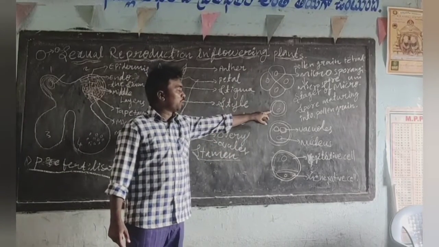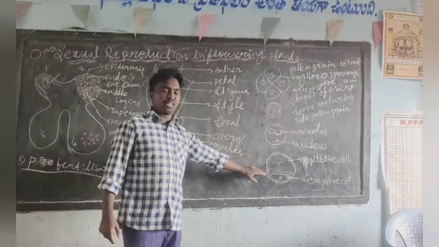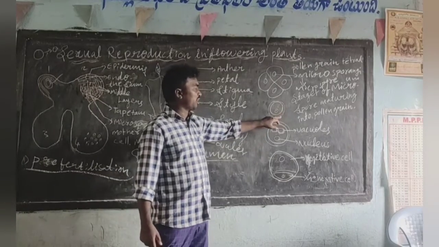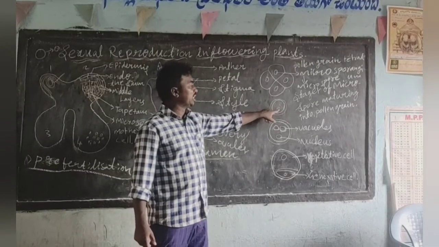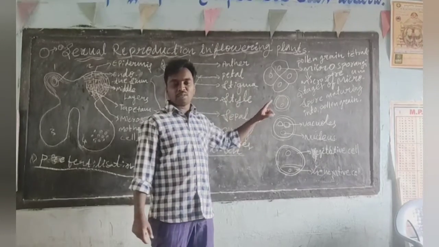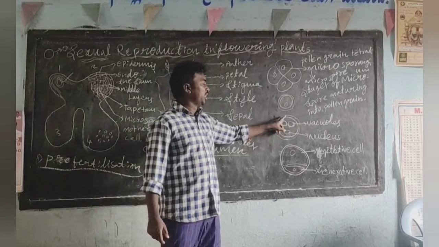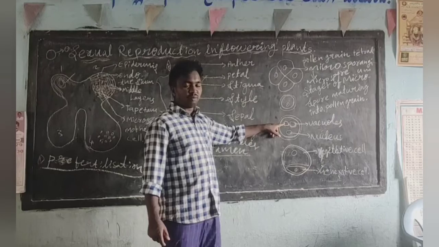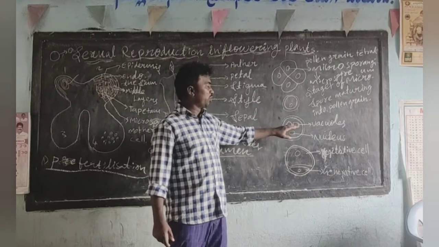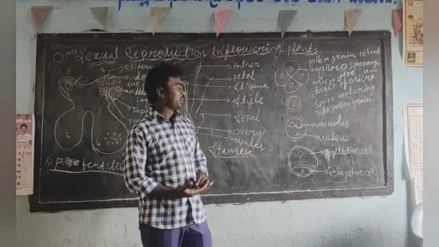This is the structure of a microspore, which contains a nucleus and cytoplasm. Then after that, the formation of vacuoles happens in the microspore, and the cytoplasm also fully increases.